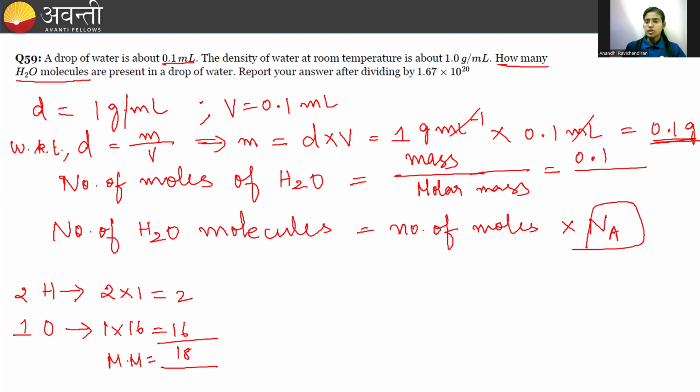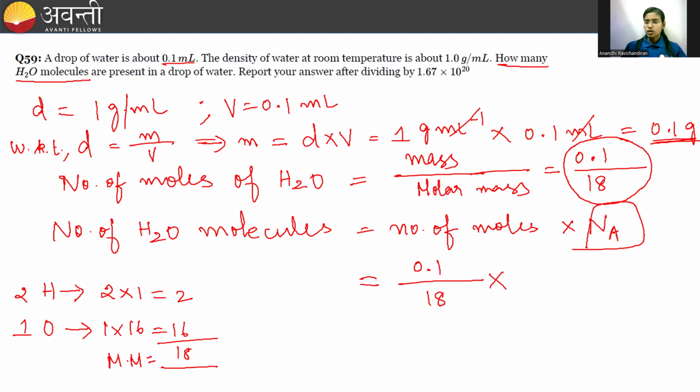So let me substitute 18 here in the place of molar mass. So 0.1 divided by 18 is the number of moles. I can take that value and substitute in place of number of moles in this formula. So 0.1 by 18 into Avogadro number.